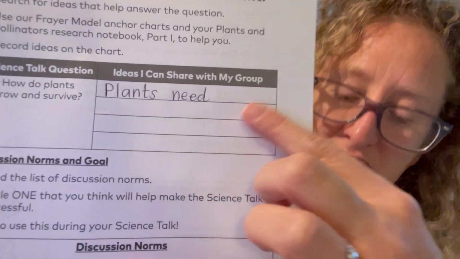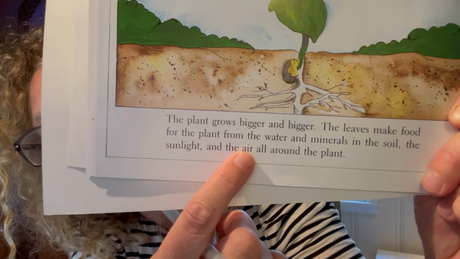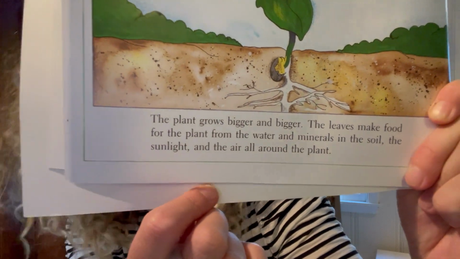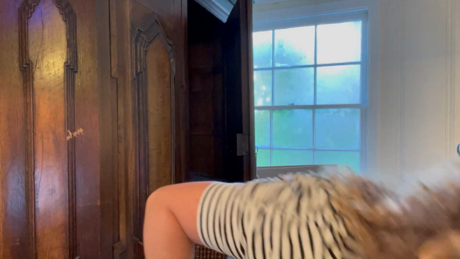I want you to list them. Some of them are here on this page. Air. What else do I see? Sunlight? Water, maybe? What sorts of things does a plant need? Plants need, and then to survive.